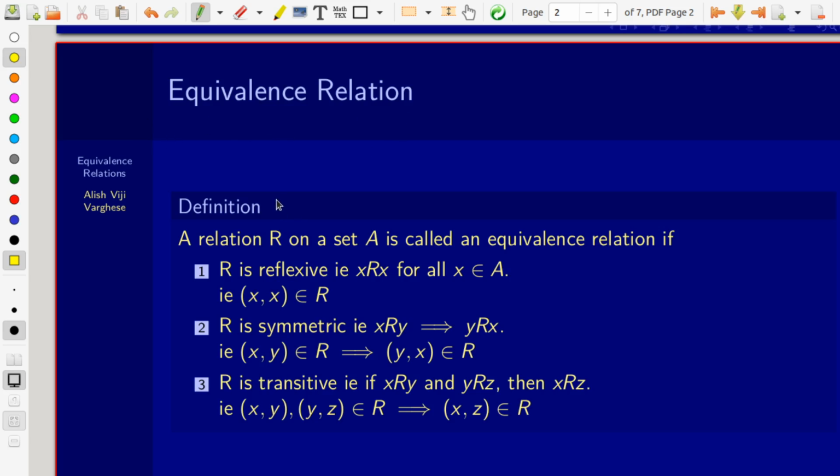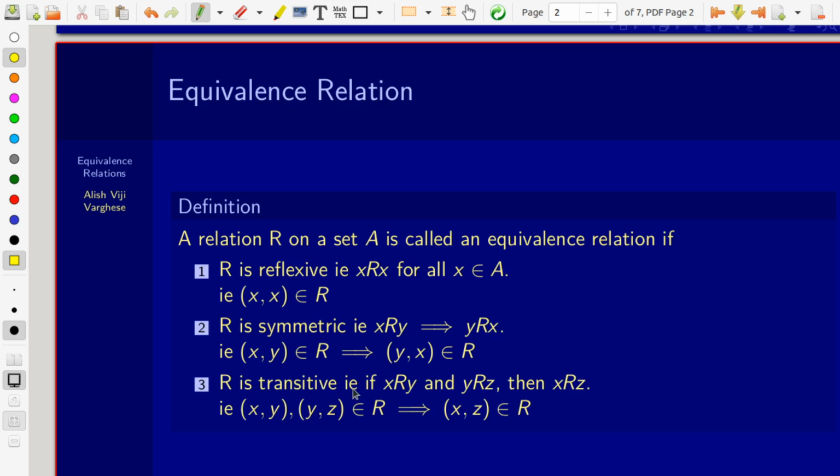Equivalence relation. Let R be a relation defined on a set capital A, and R is said to be an equivalence relation if R is reflexive, R is symmetric, and R is transitive. By reflexive, we mean that x is related to x for all x belongs to A. All elements in the set A are related to themselves. Second, if R is symmetric, then x related to y implies y is related to x.